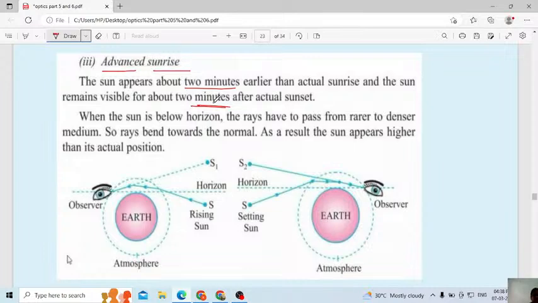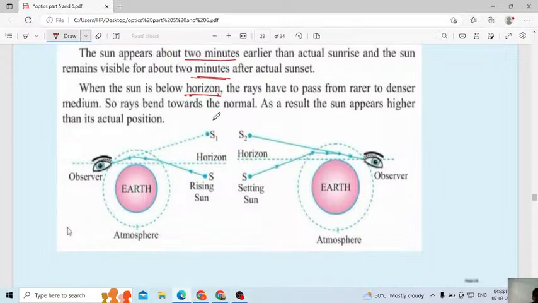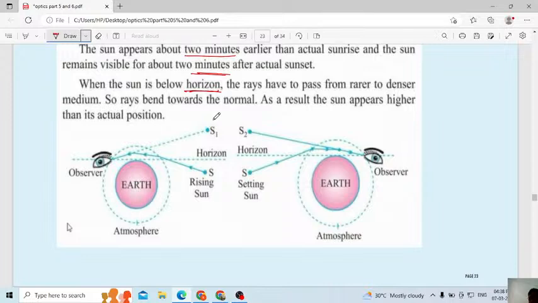What is the reason? When the sun is below the horizon, the ray has to pass from rarer to denser medium. The ray will bend towards the normal. The reason is the same. As a result, the sun appears higher than its actual position.